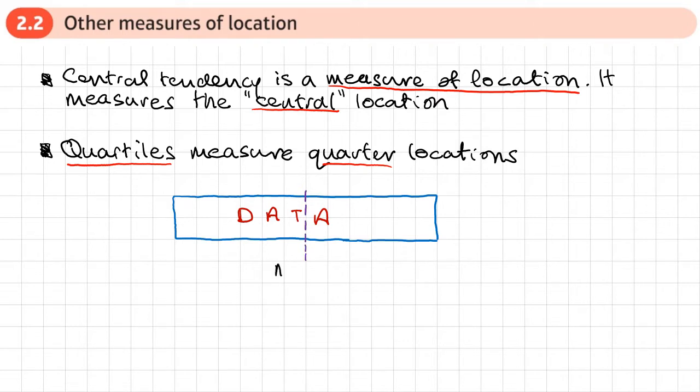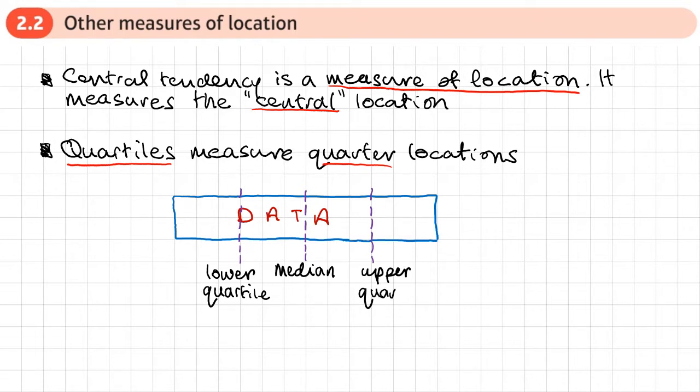One way of looking at that is the median. Now, remember from GCSE, we could also look at what's going on at these points at 25% of the way through our data and 75% of the way through our data. And at these places, we have the lower quartile and the upper quartile.